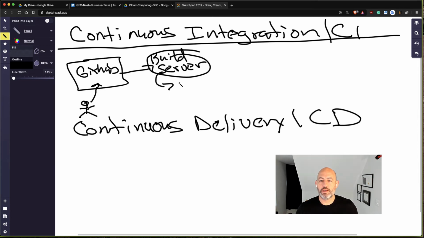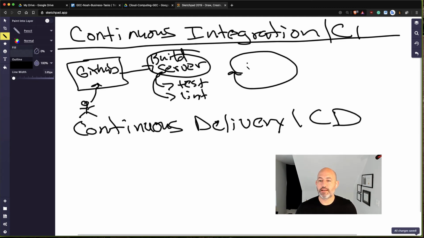So it will run maybe a test. It will also maybe lint the code, and so this is a continuous integration process. So it means that every time I check in the code, this is a check-in event. So we'll call this check-in.